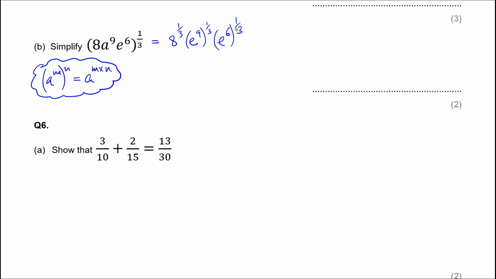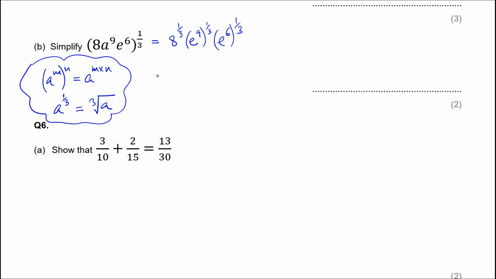So something else that you have to also remember is that if you have something like, for example, a to power a third, that is same as the cube root of a. Again, that's something that you have to remember from laws of indices.